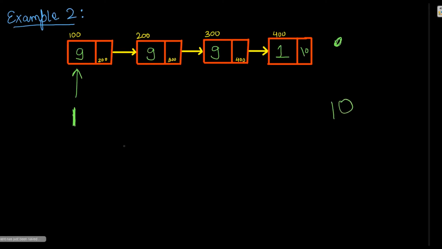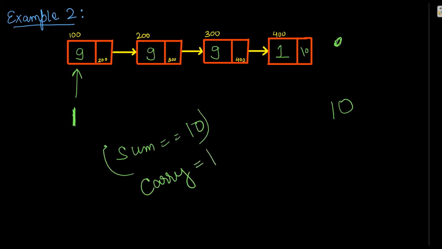Right? If the sum is equal to 10, then we'll get a carry equal to 1, because the 0 will be used here and 1 will be in carry. So 9 plus 1, 0 will replace 9 and 1 will be in carry.